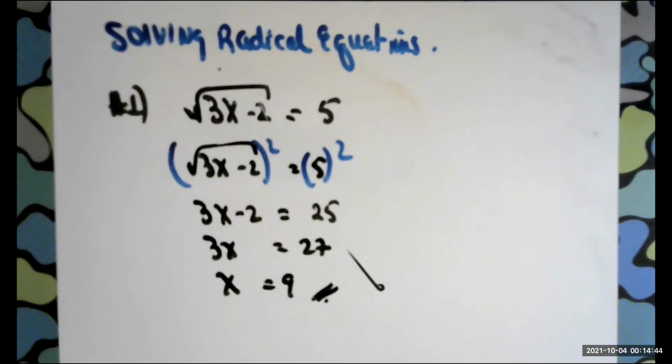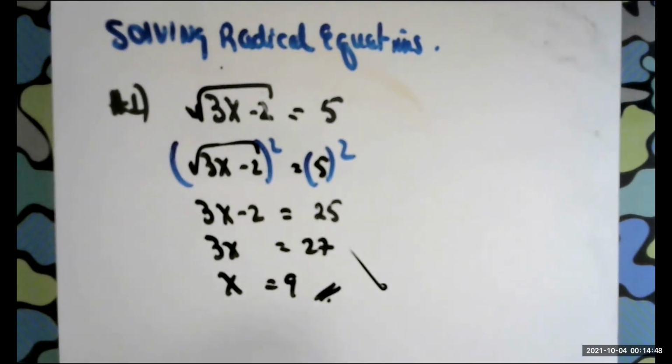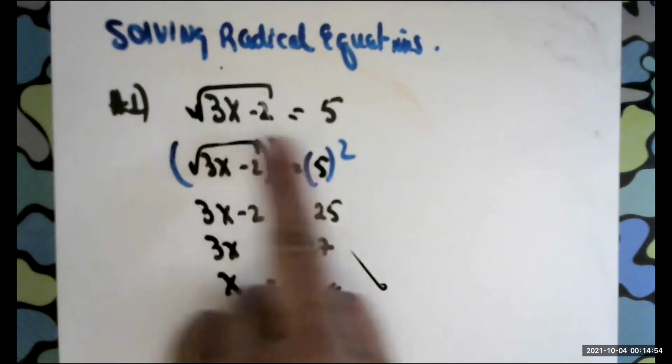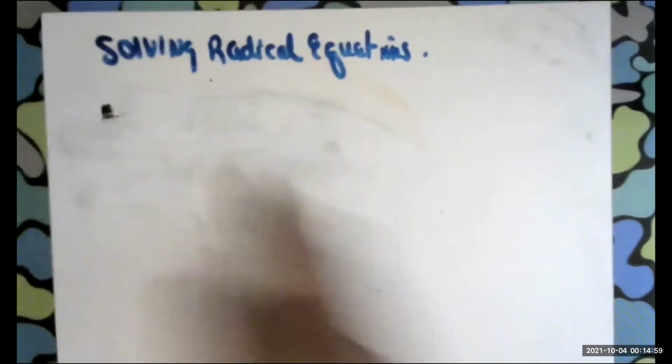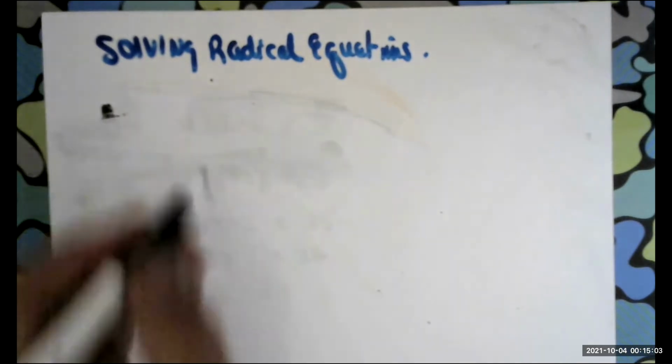Let's try a second one. I hope I didn't go too fast. This will be the classical example when we have the term with the radical isolated and a positive number on the other side. So let's try another example with what I like to call, quote unquote, noise.